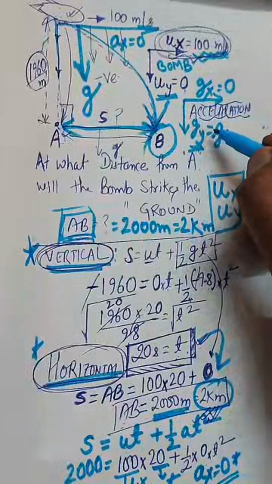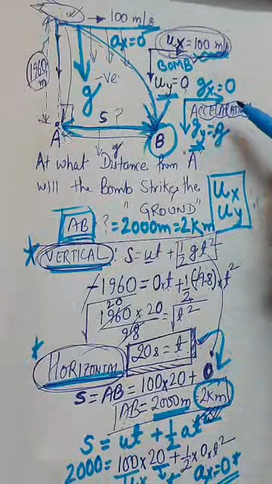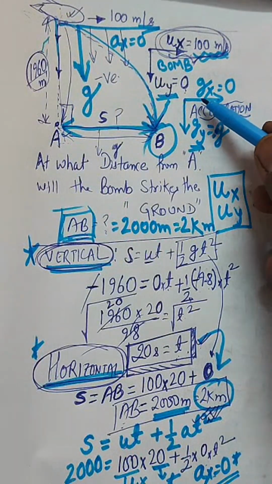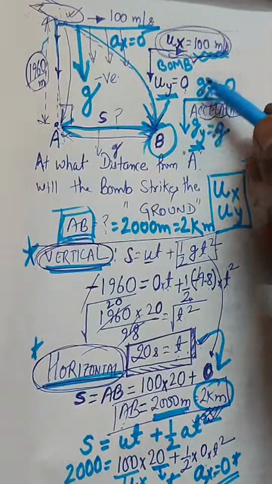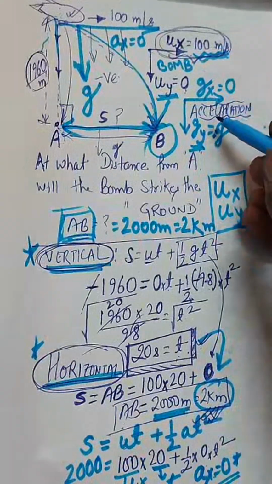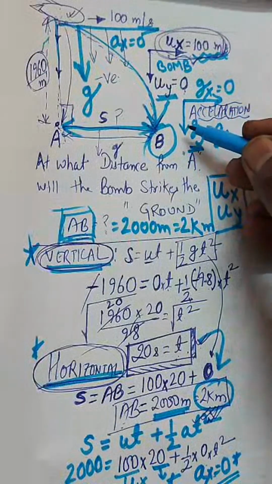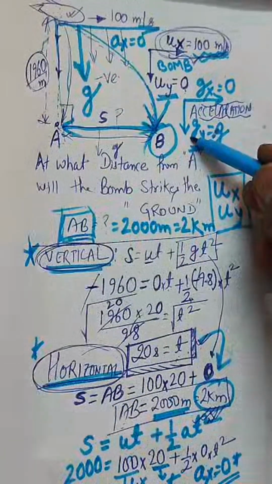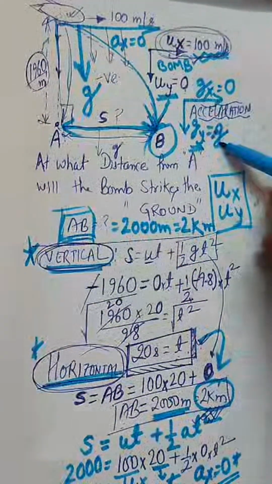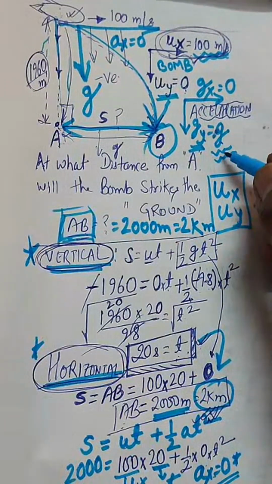For gravitation also, acceleration due to gravity, two components will be there: in the horizontal direction, where the aeroplane is going, which is the velocity of the bomb also, this will be 0. And when we consider the vertical direction, because the bomb is dropped from here, the acceleration due to gravity will be the acting acceleration, that is from the ground, that is small g.